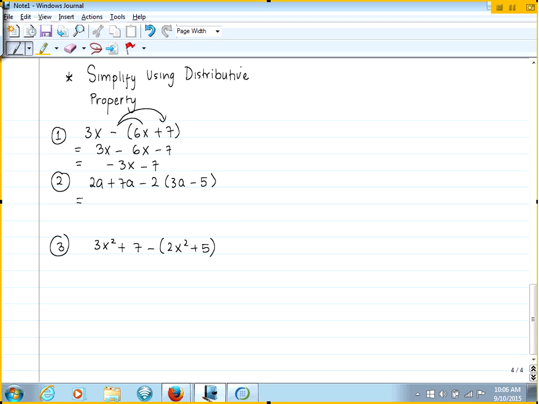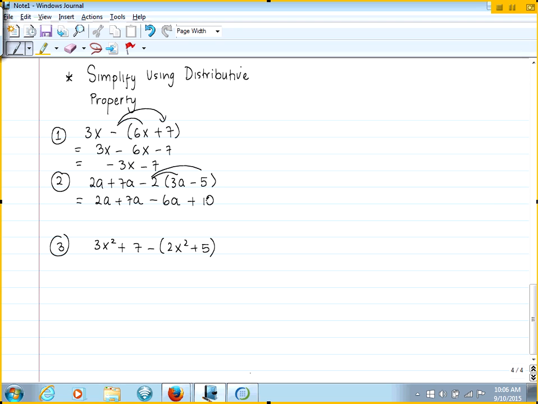Okay, so number 2. So this is 2a plus 7a. Now distribute. What do I have? Negative 6a plus 10. How do I get plus 10? You multiply.